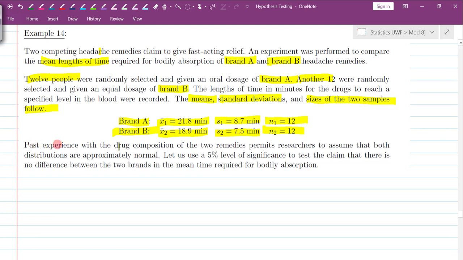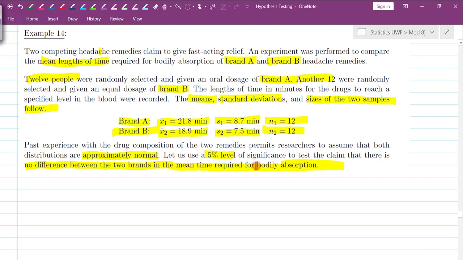Past experience with the drug composition of the two remedies permits researchers to assume that both distributions are approximately normal. Let us use a 5% level of significance to test the claim that there is no difference between the two brands in the mean time required for bodily absorption.